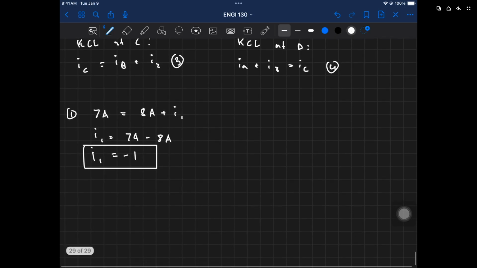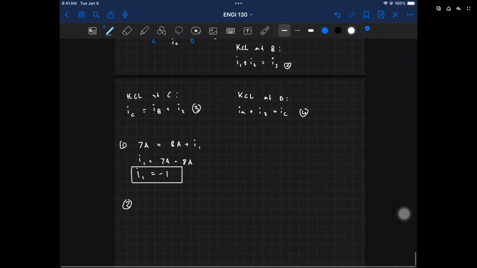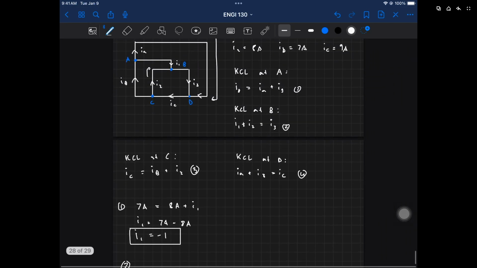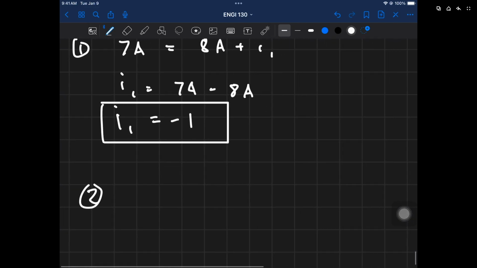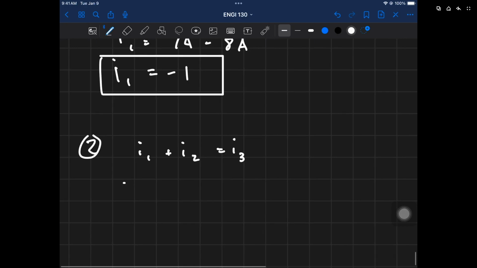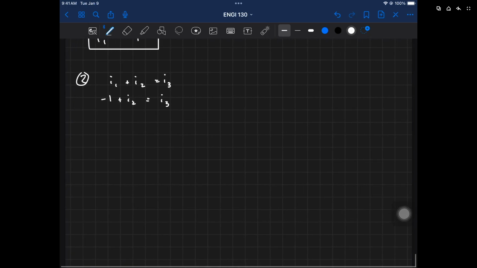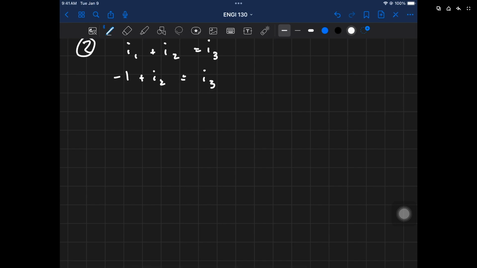Equation 2. We have I1 plus I2 is equal to I3. And we can plug in I1 from earlier, so -1 plus I2 is equal to I3. So we can leave equation 2 as it is. Now we can move on to equation 3.